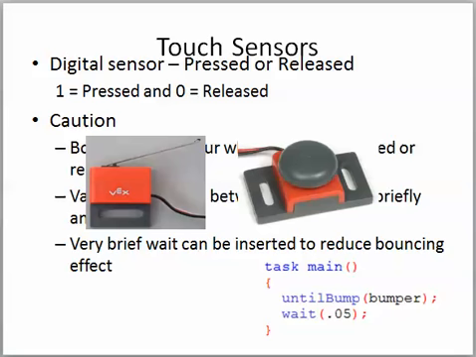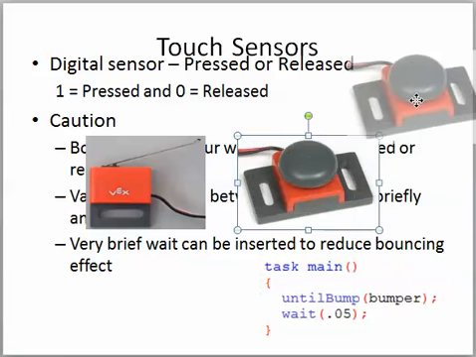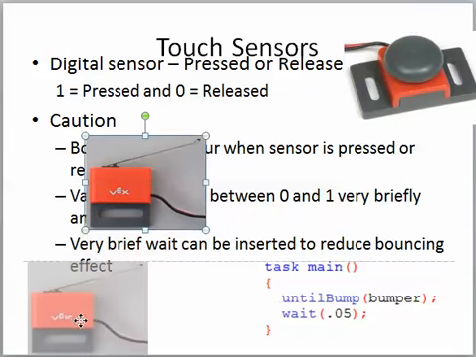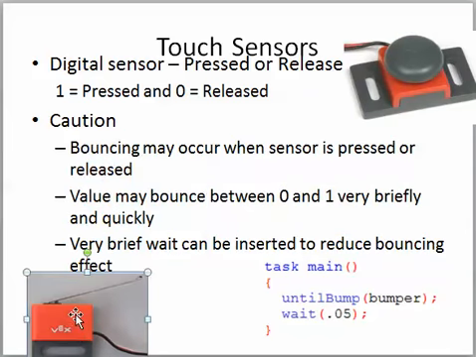Touch sensors. What I want to make sure we discuss with these touch sensors is that 1 means it's been pressed, 0 means it's been released. Bouncing may occur when the sensor is pressed or released. The value may bounce between 0 and 1 very briefly and quickly.